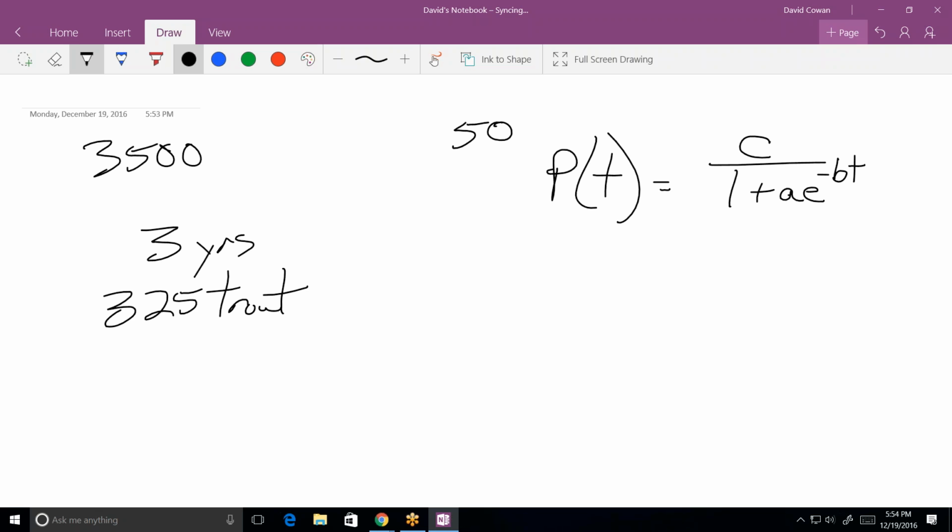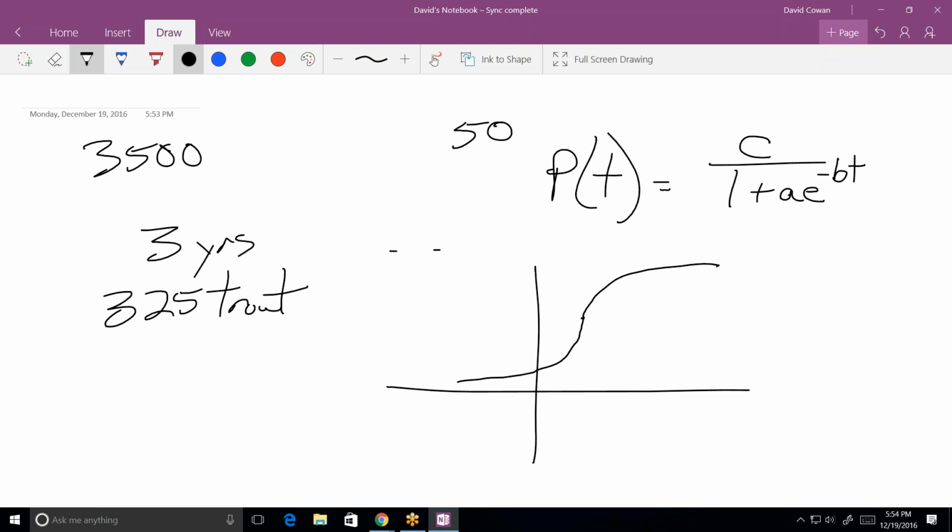This is called a logistic function. And they tend to look like they're almost exponential. In other words, for a while, the trout grows exponentially like this. But because the lake is limited, it can't grow exponentially forever, and so it tends to flatten out.